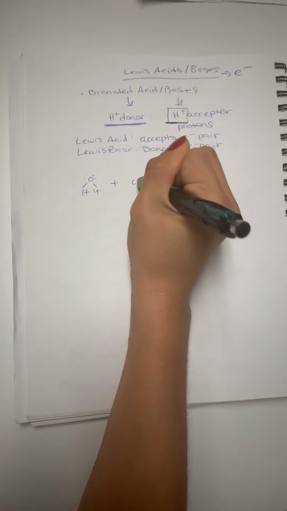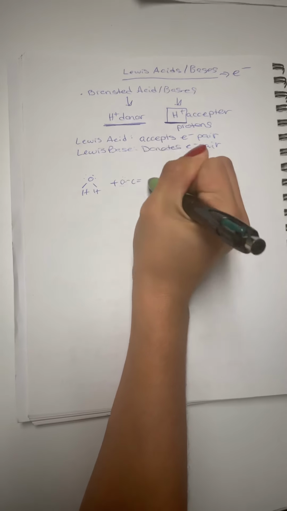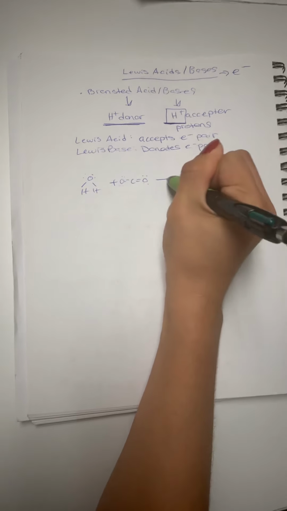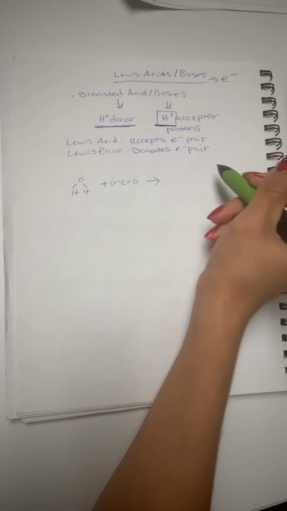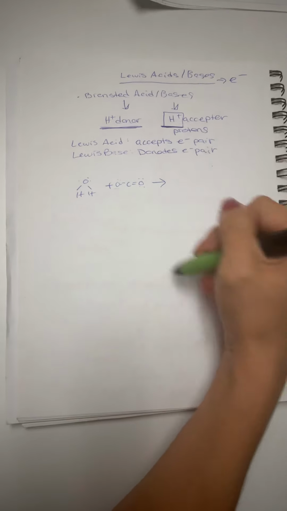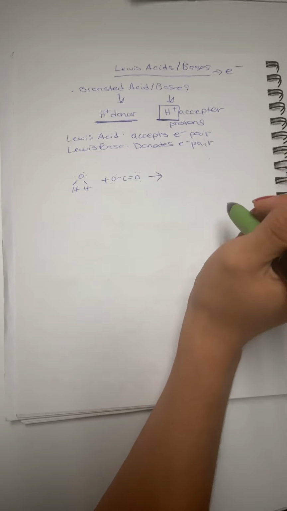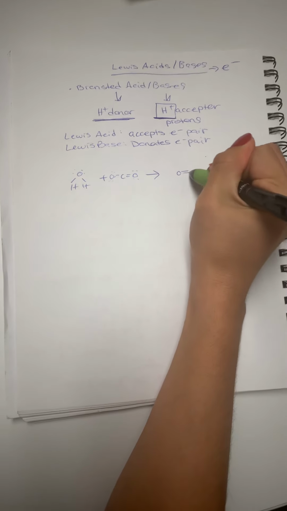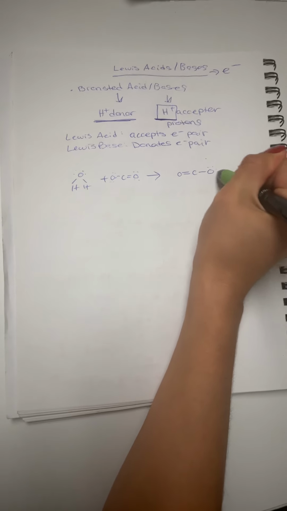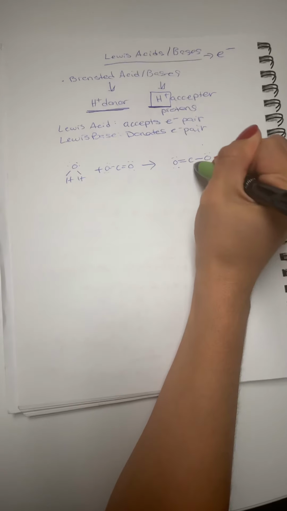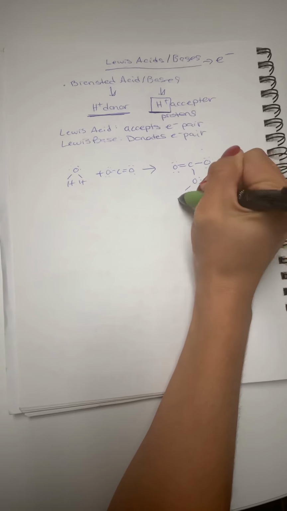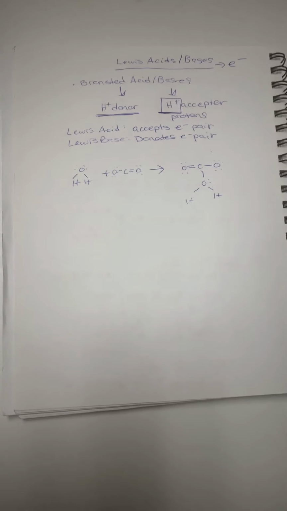plus CO2, right? And so when you react these together, they actually join together into one big compound. So this is how it's going to look in the end. So over here, you're like, okay, so what happened?